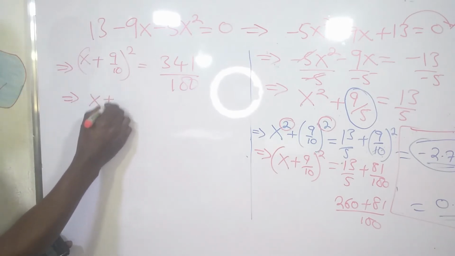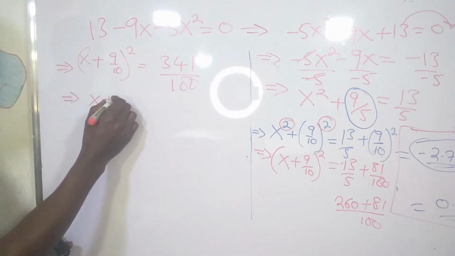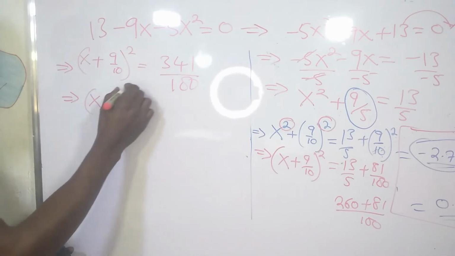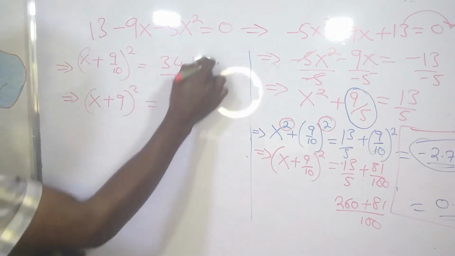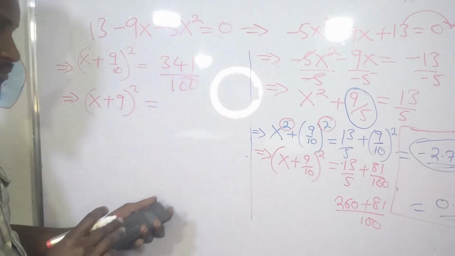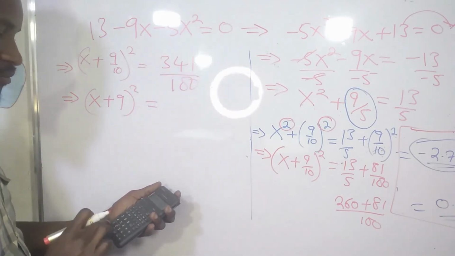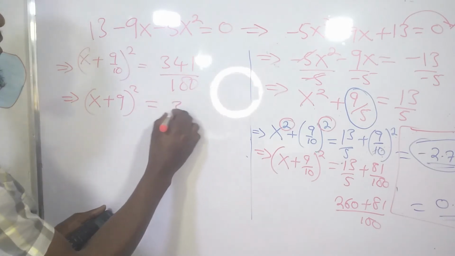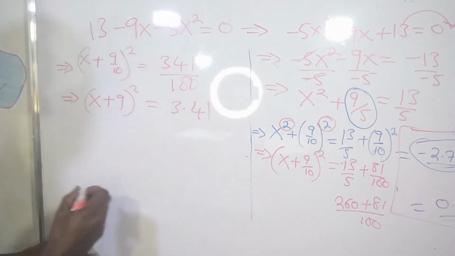So 100 there, this divided by that is 3.41.